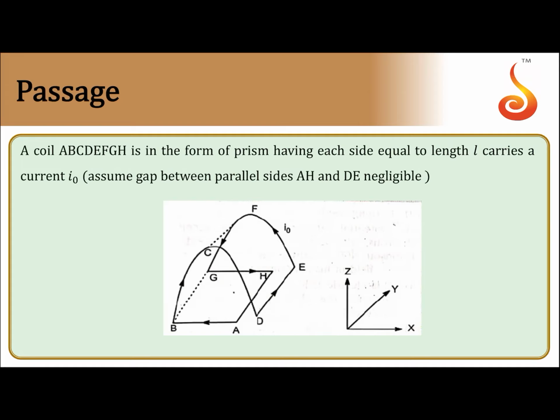So if you look at the loop, current here must be like this. So AH and DE are basically two wires placed at the same location carrying the same currents but in the opposite direction. So their fields at any point in this space must cancel out.